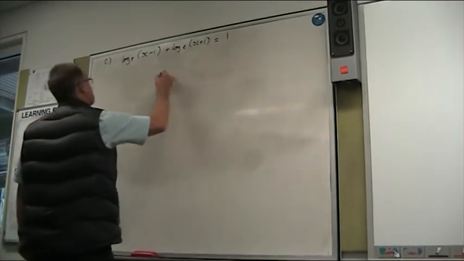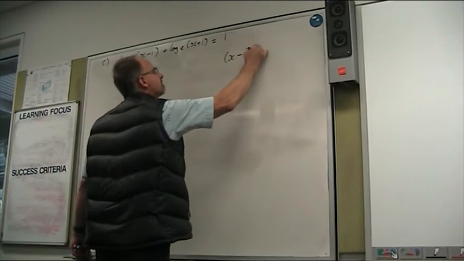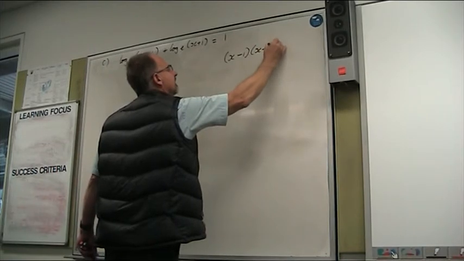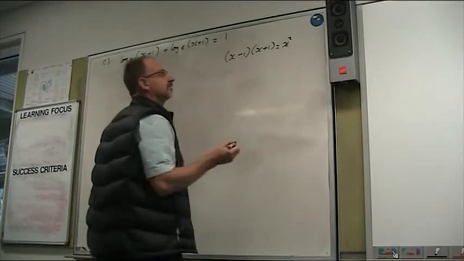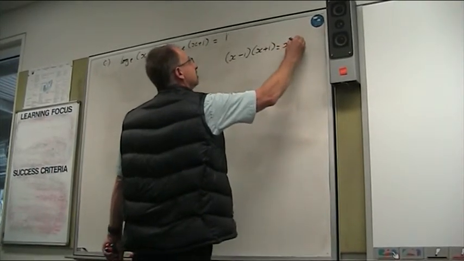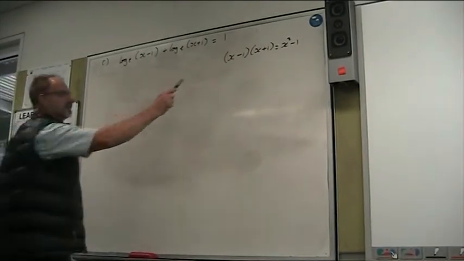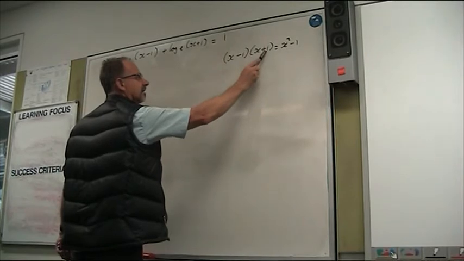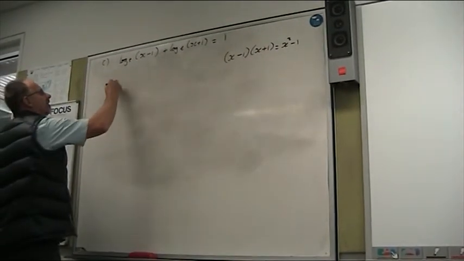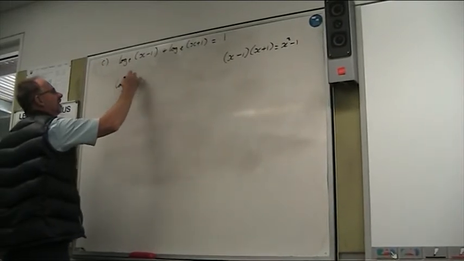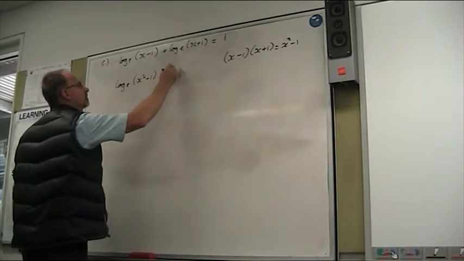So when we do x minus 1 times x plus 1, what do we get? x squared minus 1. So we've got log to the base e of x squared minus 1 is equal to 1.